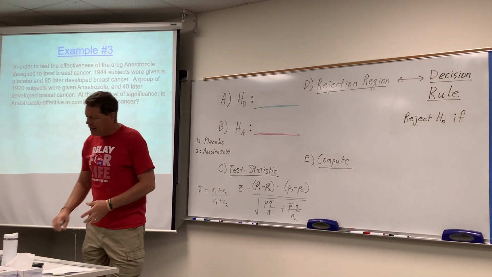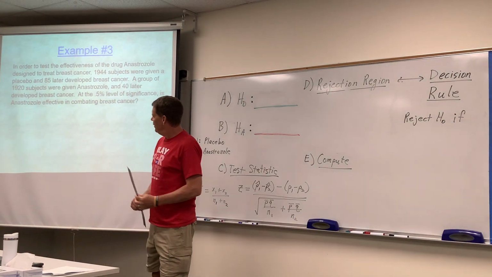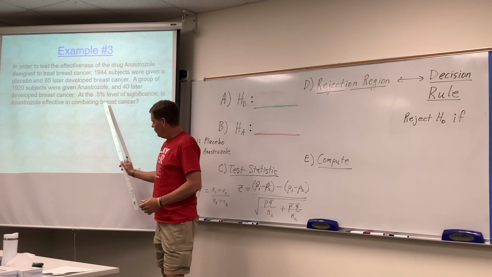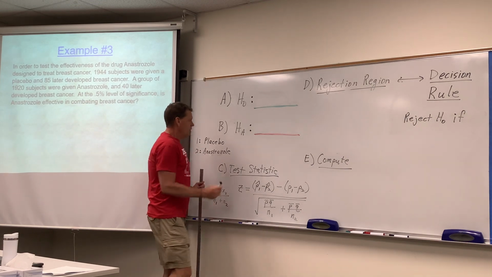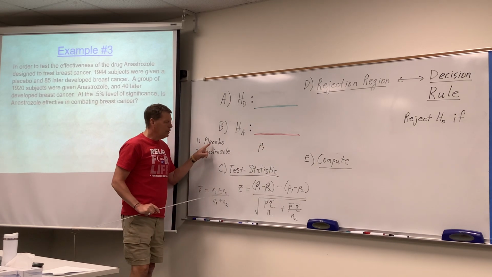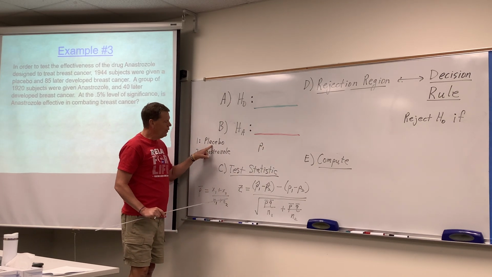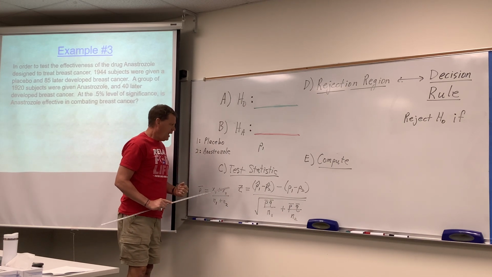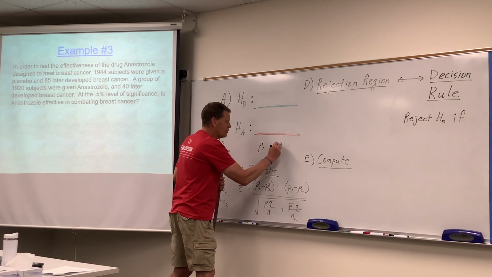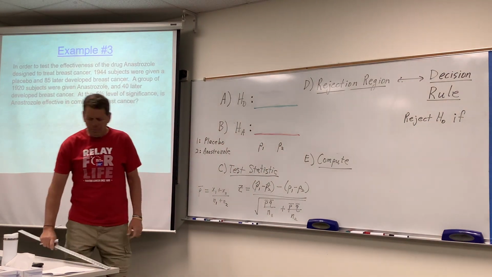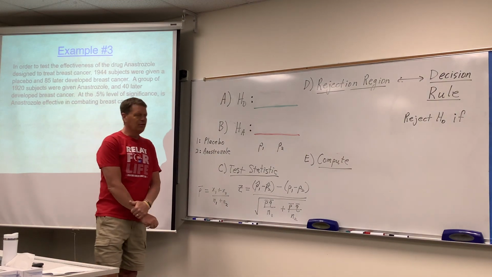But here's the idea. If this medication is effective in combating breast cancer, let's talk about this. So P1 would be the percentage of women who took the placebo and actually ended up getting breast cancer, unfortunately. And then P2 would be the percentage of women who took the medication and unfortunately ended up with breast cancer.